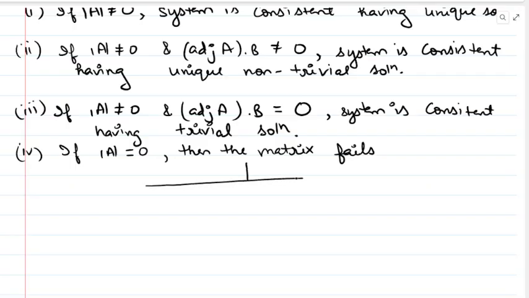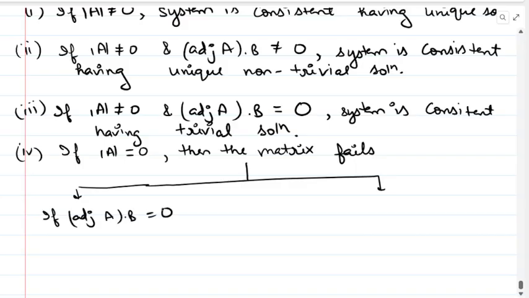And in this, if adjoint of A into B is equal to null matrix, then there are infinite solutions or no solution.